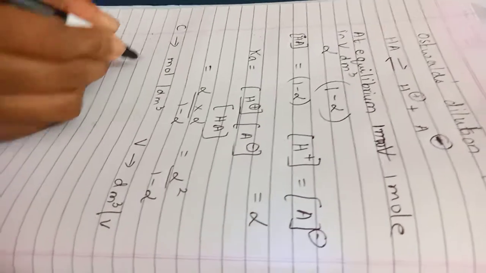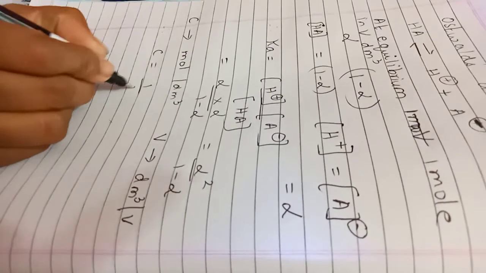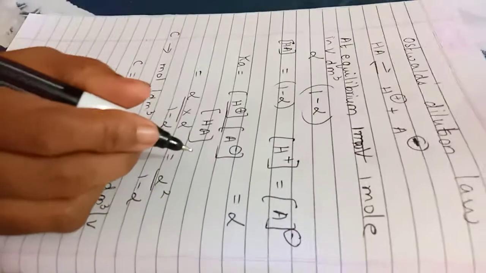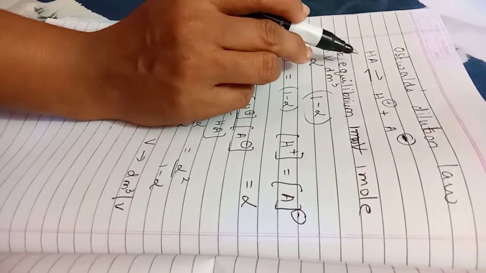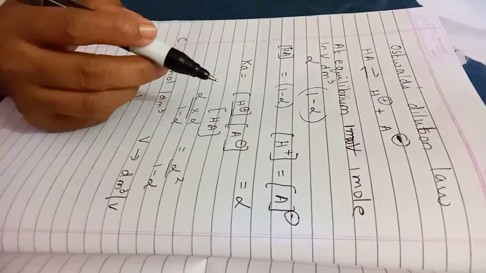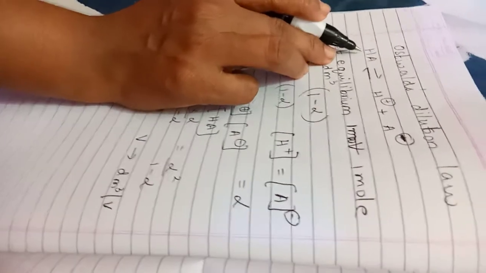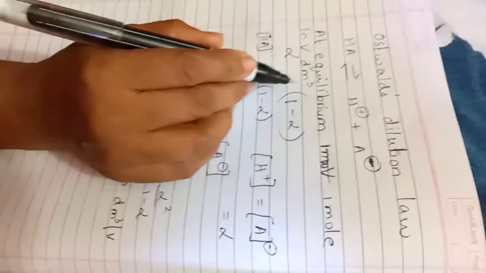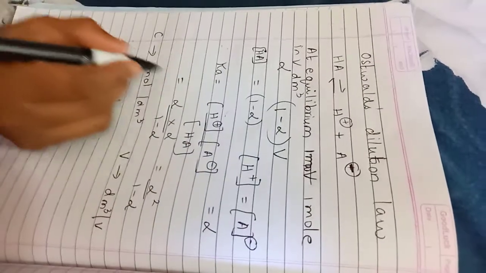Then we can directly write here, concentration is reciprocal of volume. Is it okay here? So at equilibrium, 1 mole we have used in volume V dm cube. 1 minus alpha into V remains.